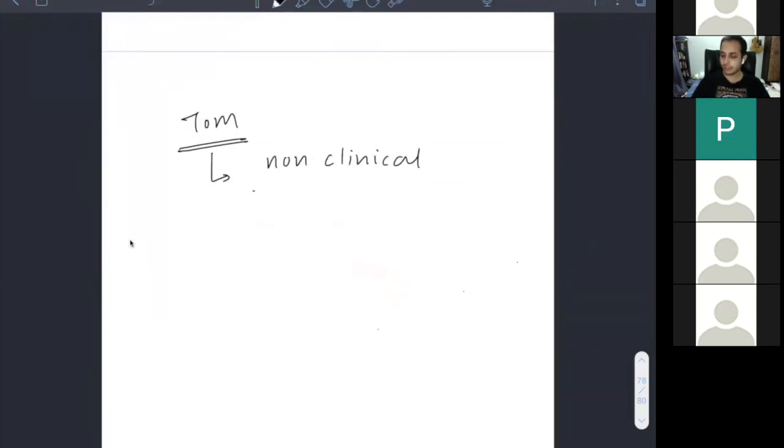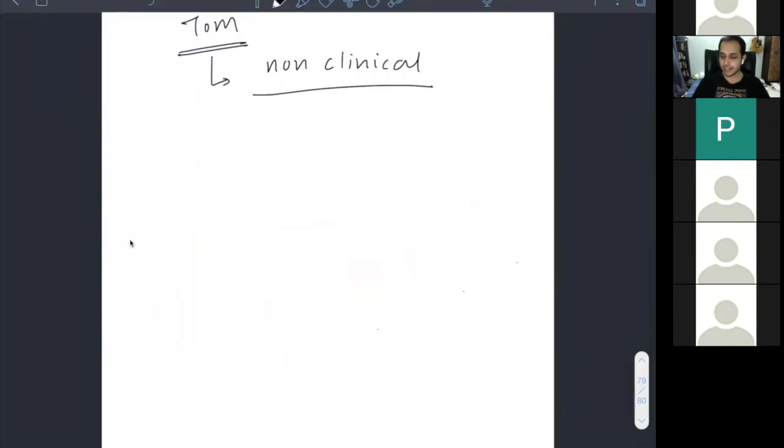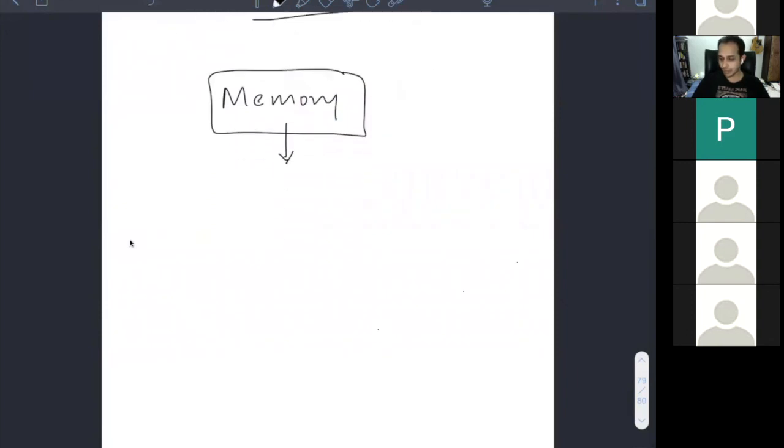Okay, we'll be taking a discussion on memory, and we'll be talking about how we learn, how we remember, and what are the neural networks involved in memory.